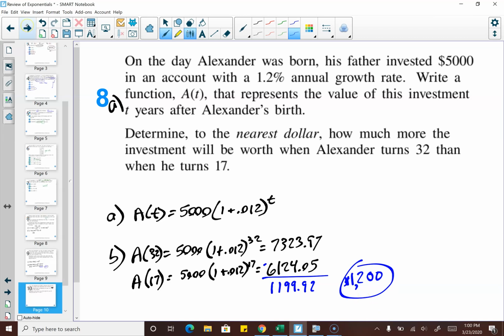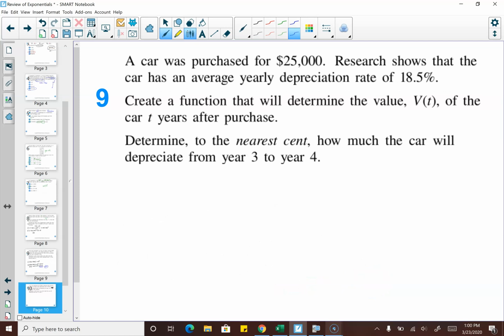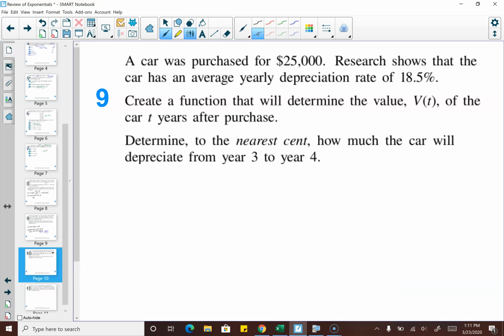If we keep going here and take a look at our next one: a car was purchased for $25,000, and research shows that the car has an average yearly depreciation, right? So that's usually a giveaway of a decay rate of 18.5%. Create a function that will determine the value V of t for the car t years after purchase.